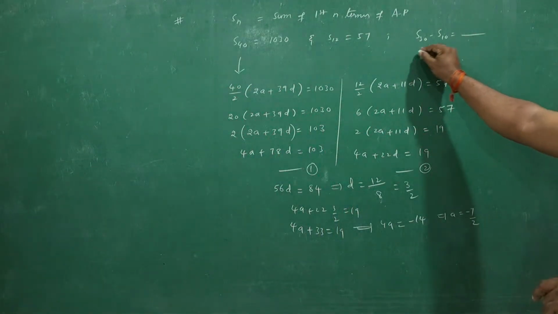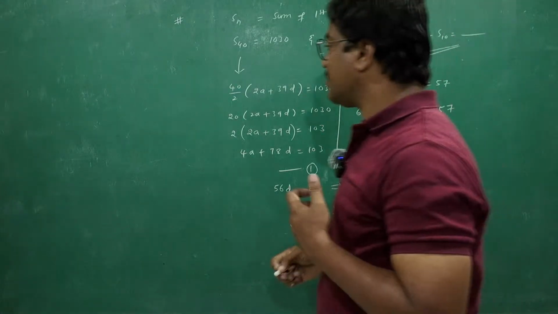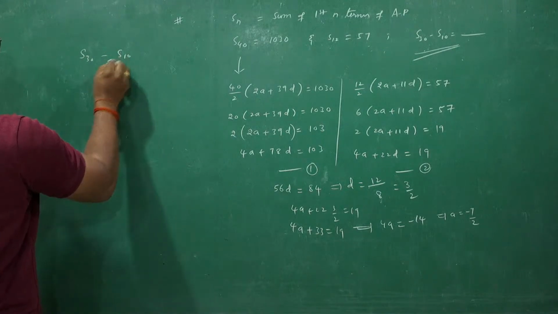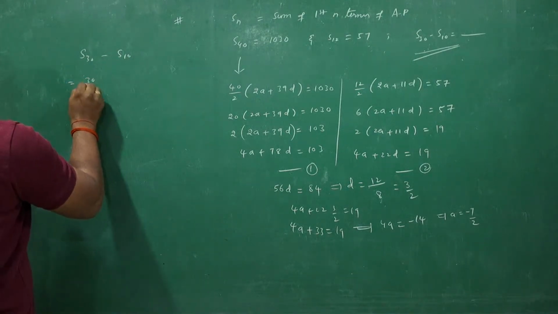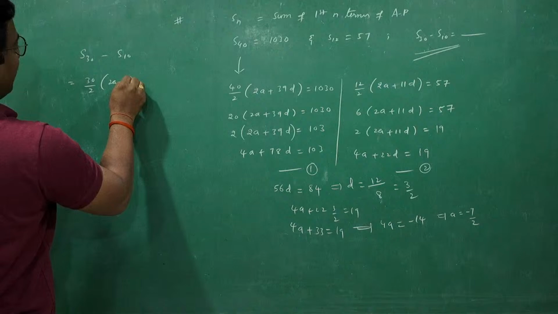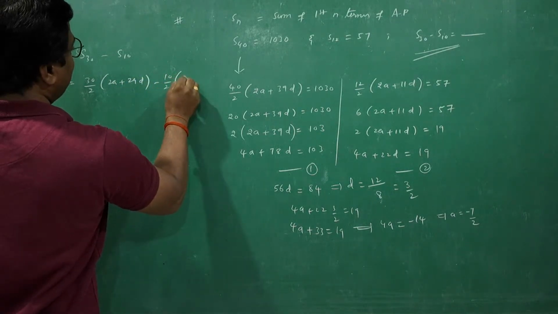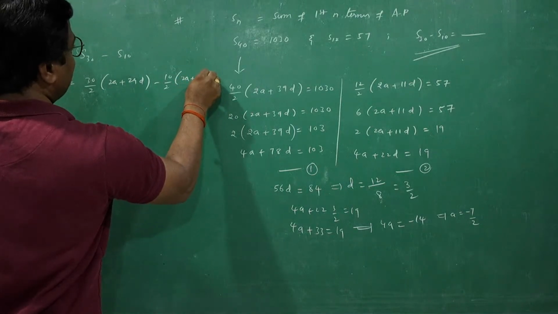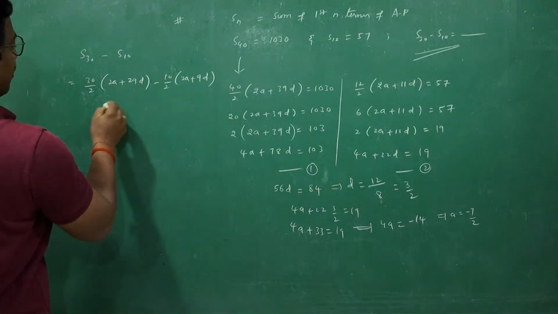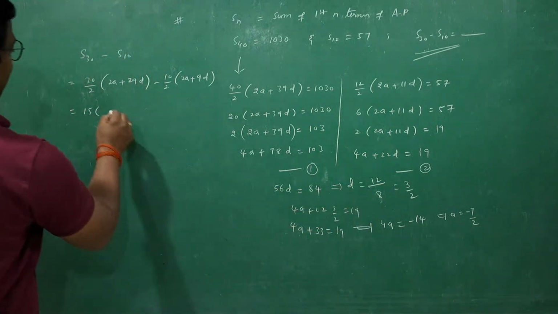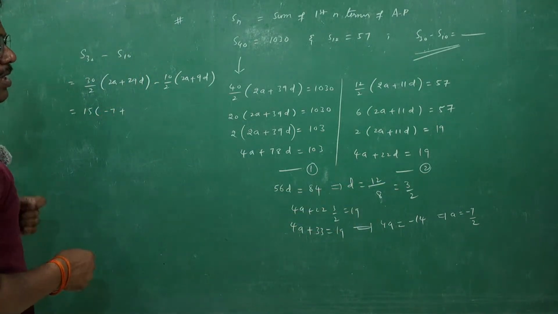Now you need to find S30 minus S10. S30 minus S10. This is 30 by 2 into 2a plus 29d. Next, minus 10 by 2 into 2a plus 9d. 15, what is the value of 2a? Minus 7. Next, what is d?